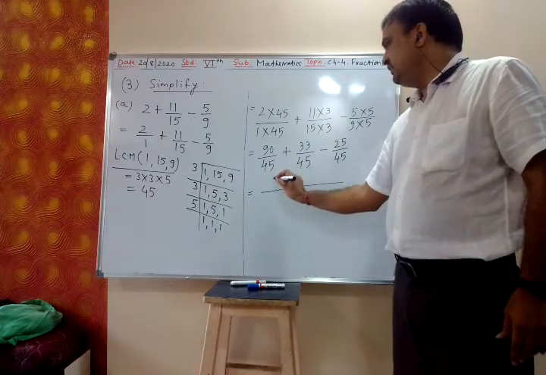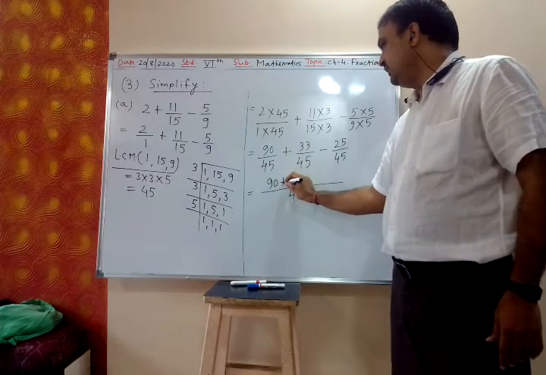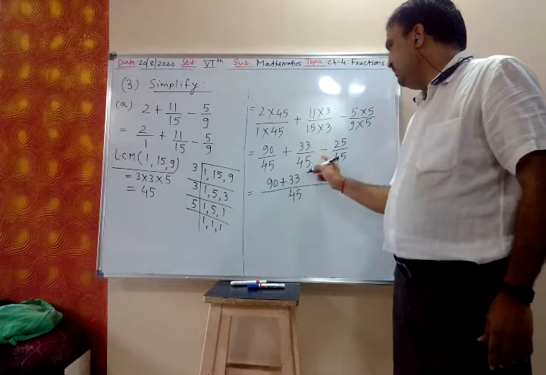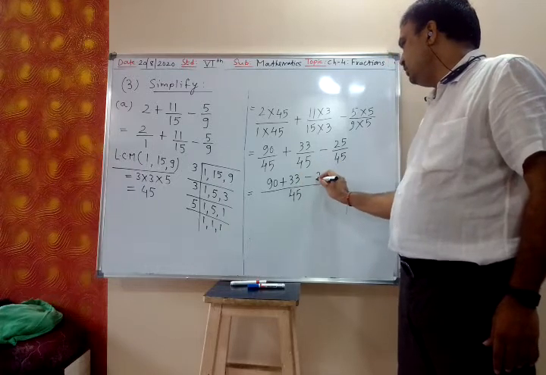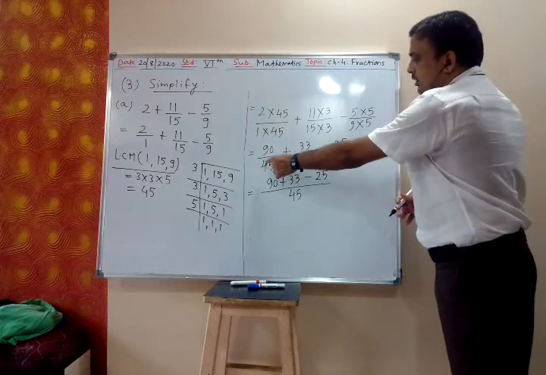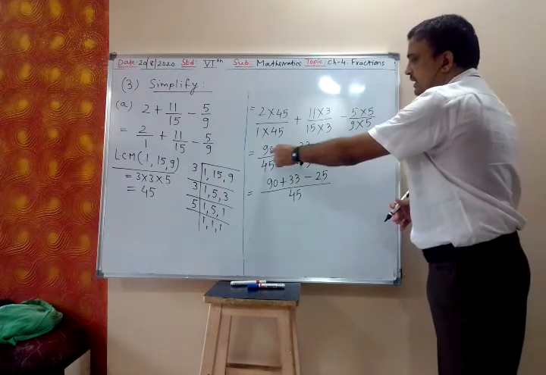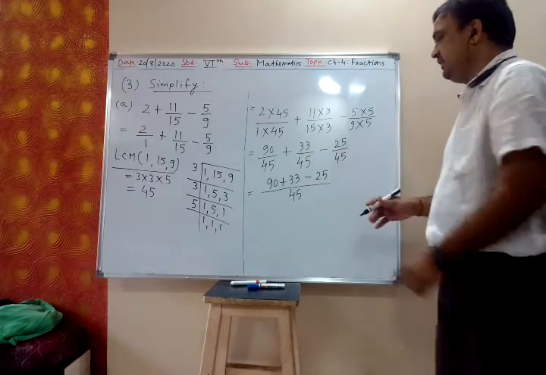And then it is 90 plus 33, then minus 25, over the common denominator 45.